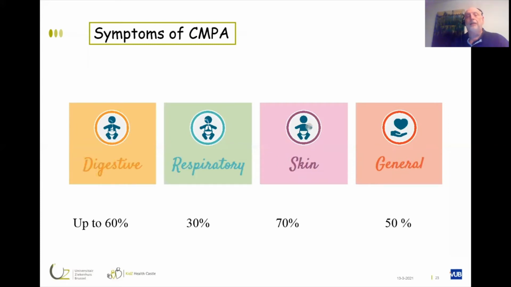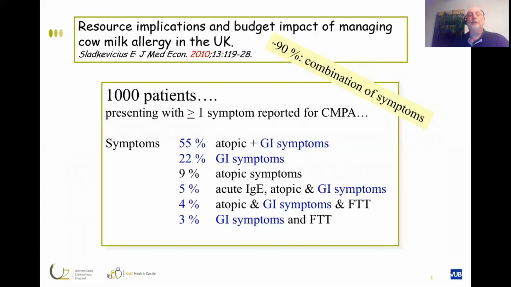And general manifestations occur in 50%. If you summarize this, you end up with 200%, which means that the vast majority of infants presenting with cow's milk allergy present with a combination of different symptoms, not different from the functional gastrointestinal disorders.